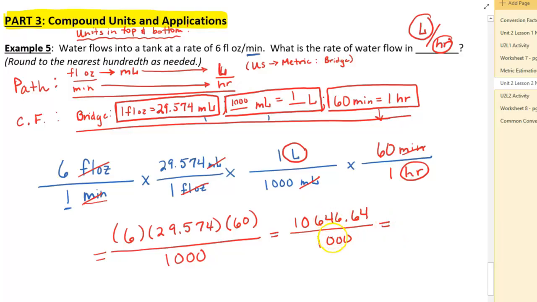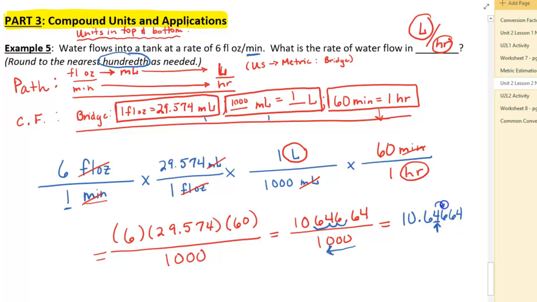So now we're dividing, so our decimal point is going to go to the left 3 places. You can do this in your calculator too if you would like. So 1, 2, 3, we'll put it between the 10 and the 6. So 10.64664. But I'm asked to round to the nearest hundredth. So that's going to be this decimal place.